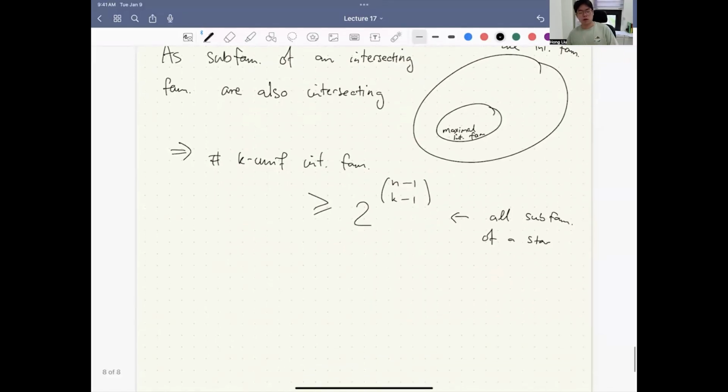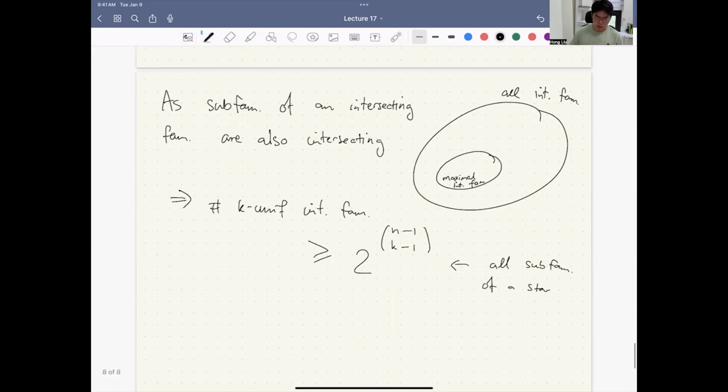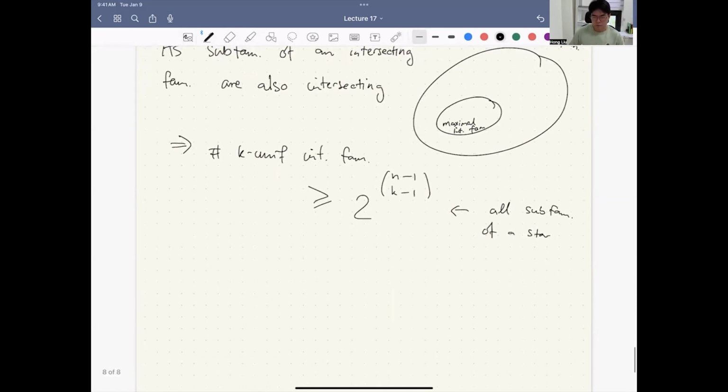This trivial lower bound turns out to be optimal asymptotically in the power. This is a fairly recent result, 10 years ago.